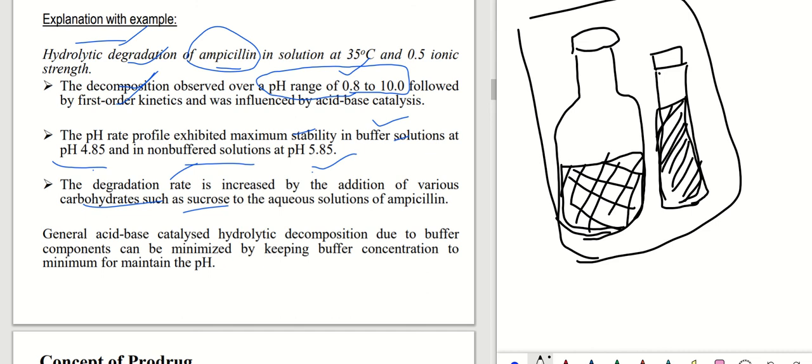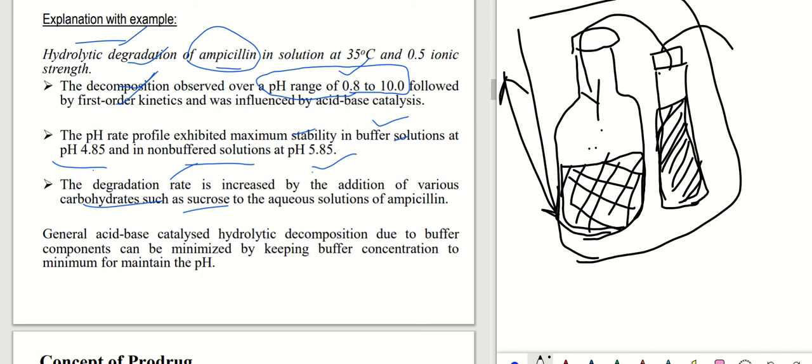So when a patient opens it, he will open the pack of sterile water and add it into this bottle, and the consumer will shake up the bottle, and as it is a lyophilized mass, it gets easily distributed and dissolved, and thus we get a syrup. So that is how we are protecting this drug from undergoing hydrolytic degradation.